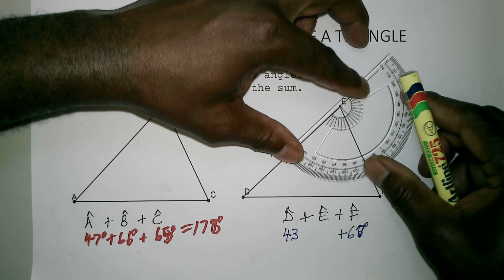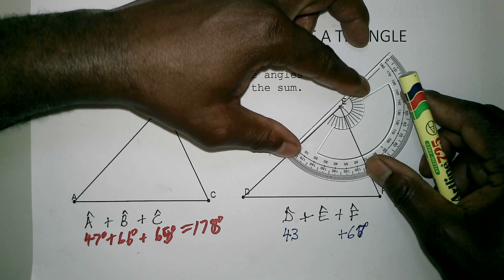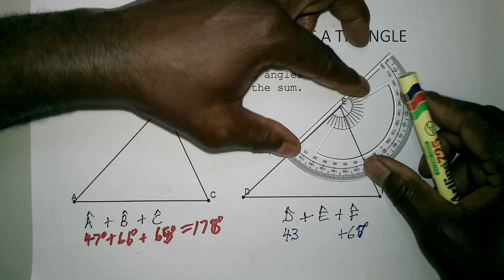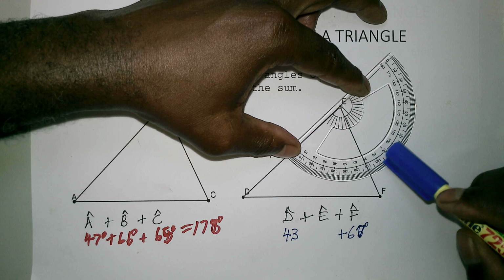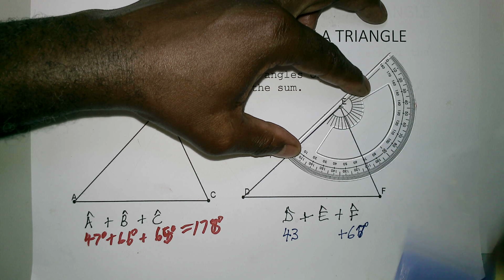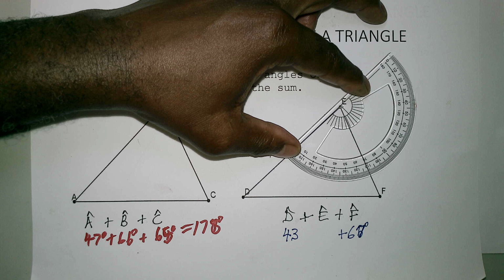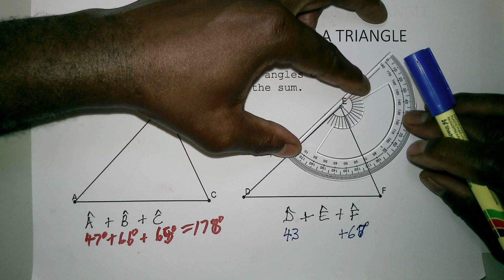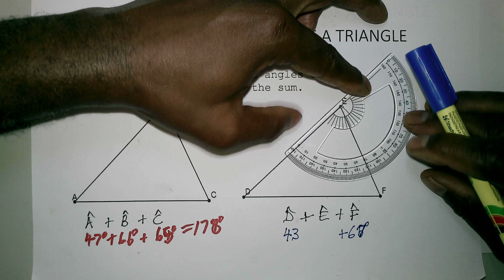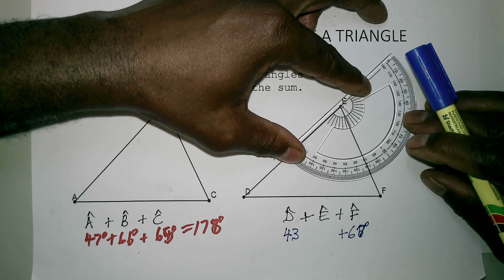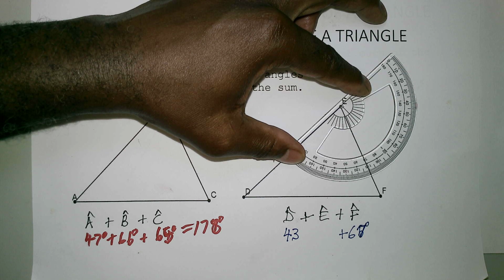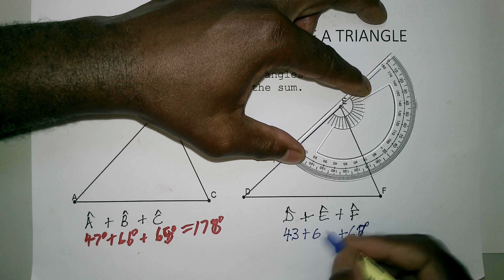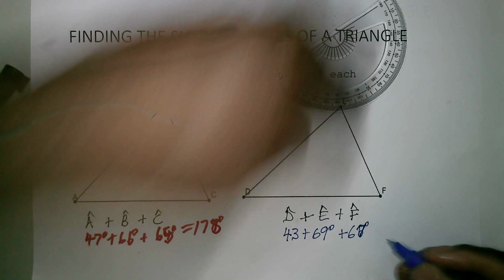I can see there is a 70 here, but slightly below 70. I think it's 69.